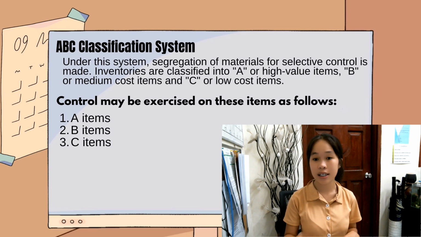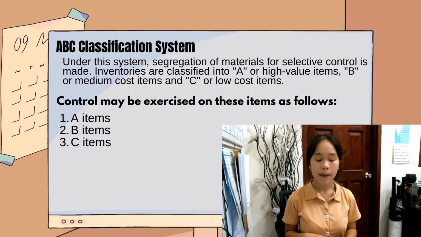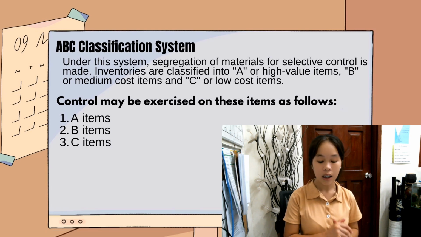And lastly is C items. C items get as simple controls as possible, such as periodic review or physical inventory with no records, or only the simplest notations that replenishment stock has been ordered. No EOQ or order point calculations.